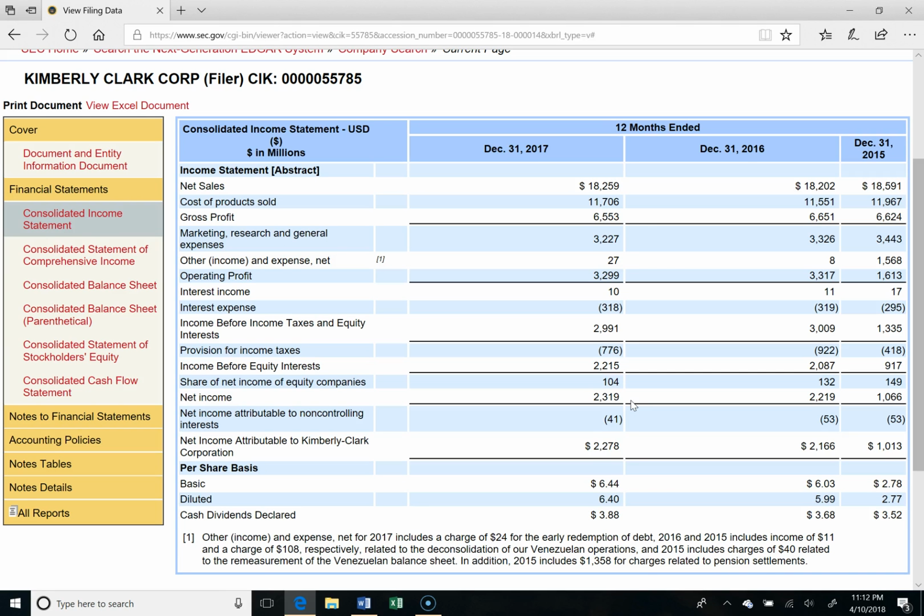What have I learned about Kimberly-Clark so far? The company has net income of $2,319,000,000. Net income is primarily from operating income, and operating income is the most sustainable part of income. If a large part of the company's net income had come from a gain on the sale of investment securities, I would worry about the sustainability of net income.